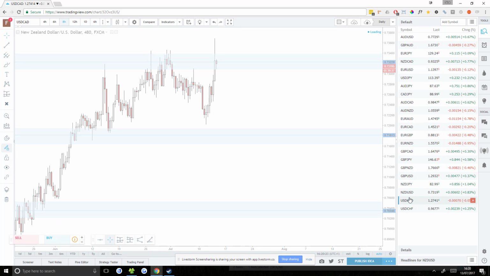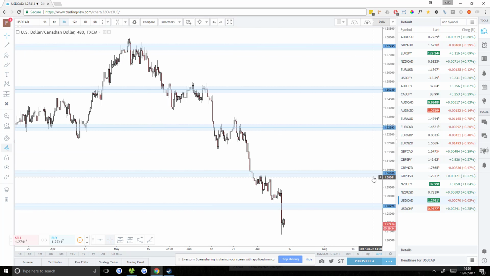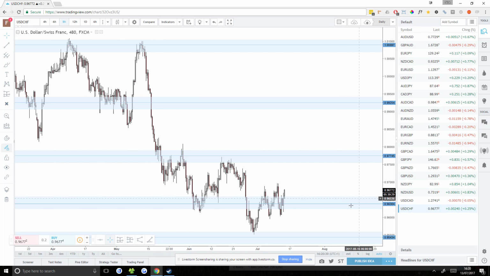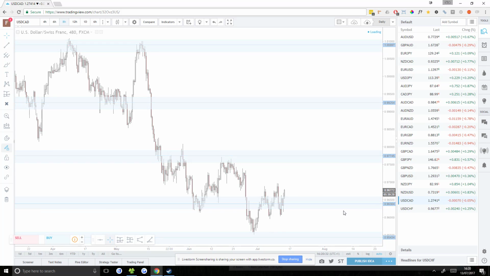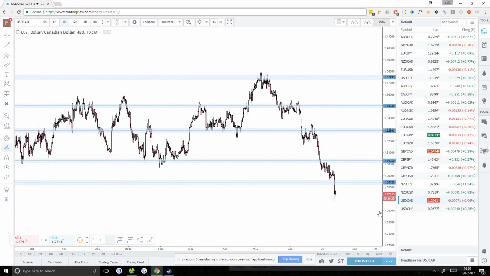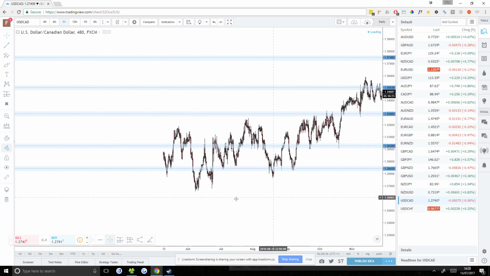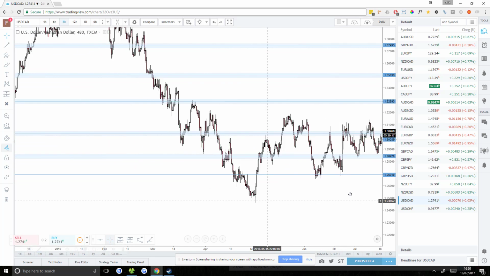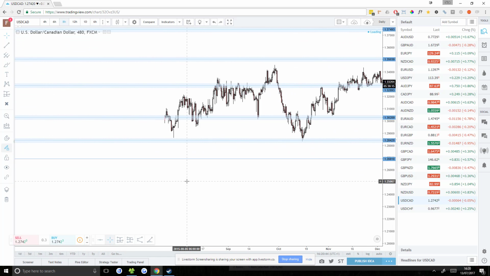Let's go for the final two. USD CAD is below support. USD CHF is just still ranging on support. Let's go back to USD CAD real quick and just have a quick look for some support resistance areas down below here. Don't really have that much data to use.